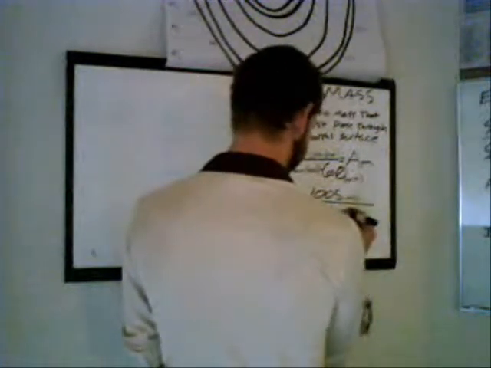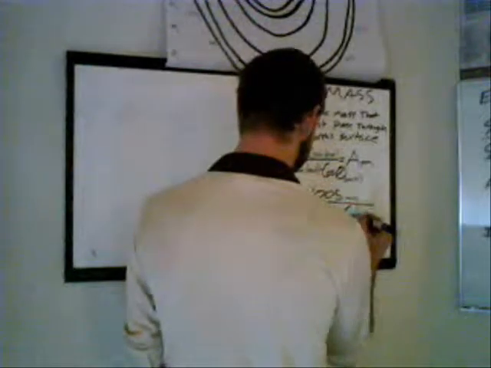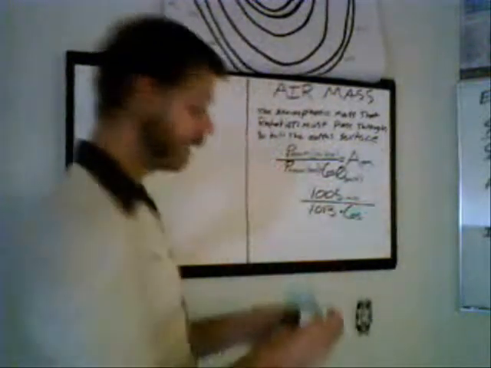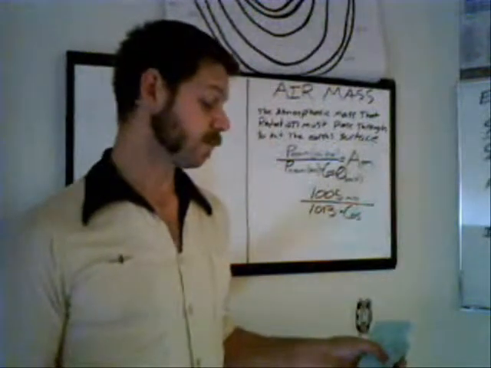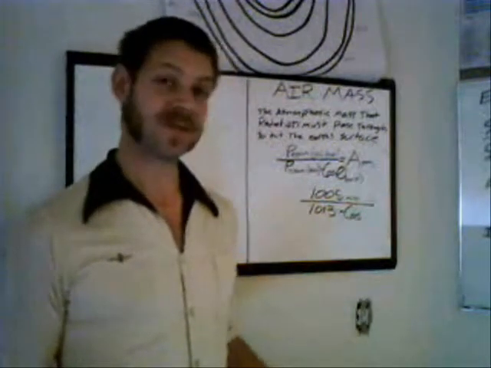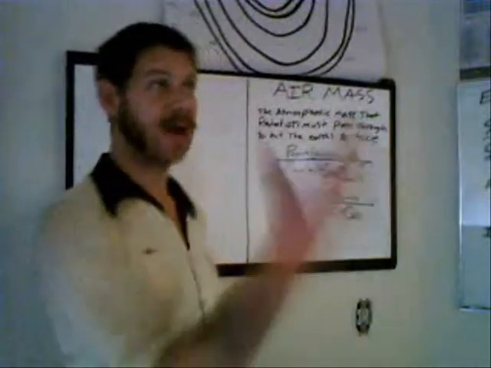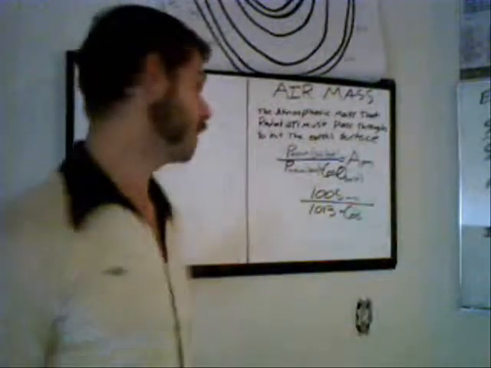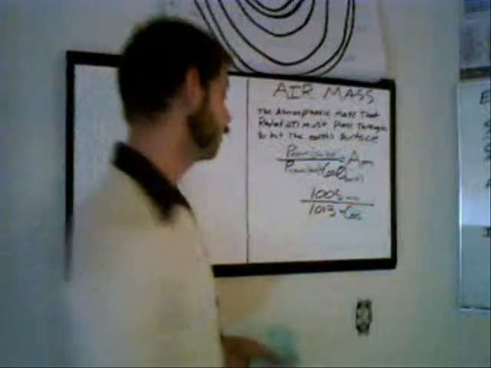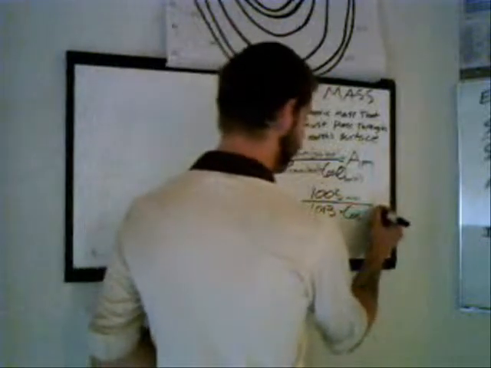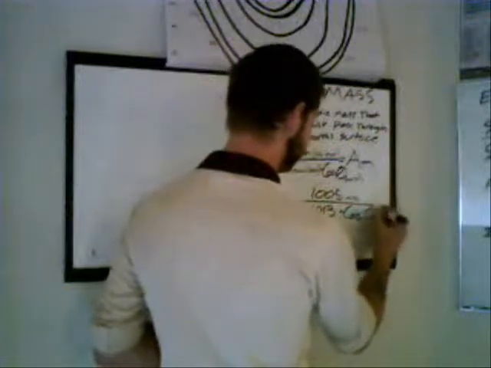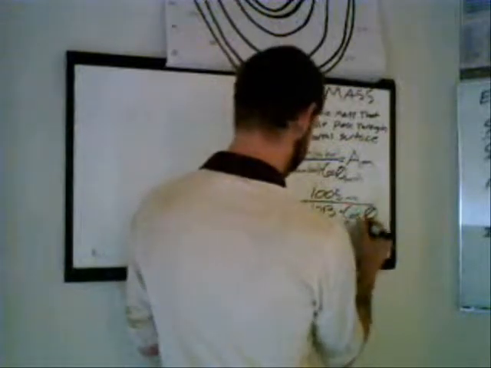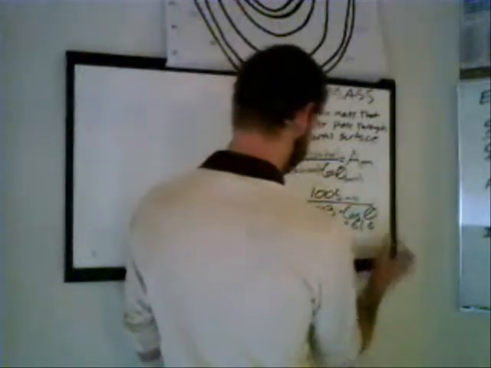You multiply that by the cosine of theta. Theta is the zenith angle of the sun, which is how high the sun is up in the sky. We're about to go through that actually right now. But right now, because it's 6 o'clock in the afternoon, theta is equal to 61.6.